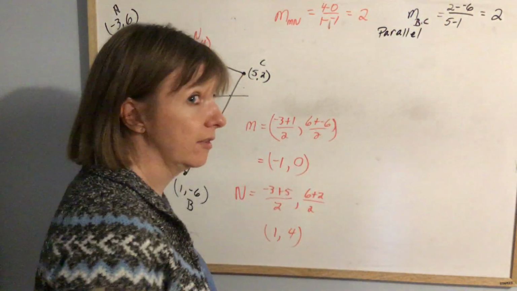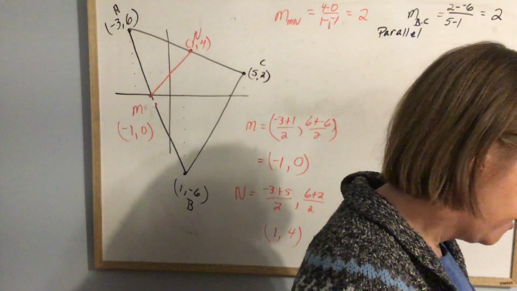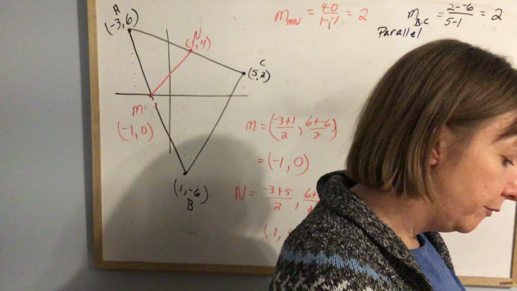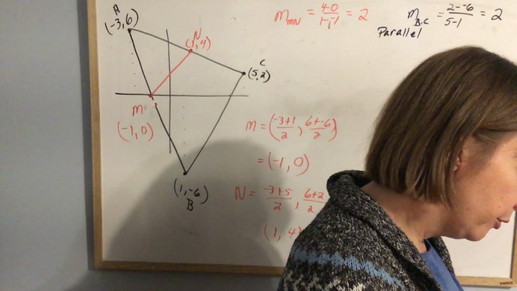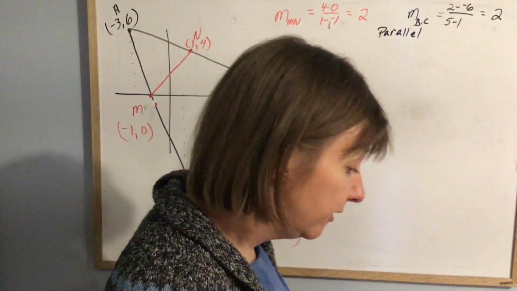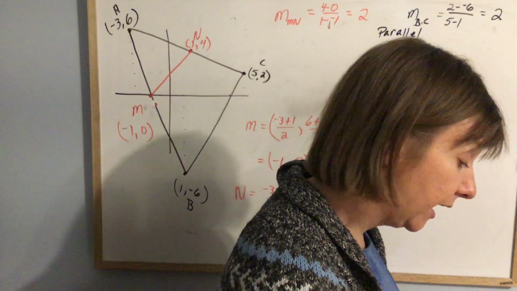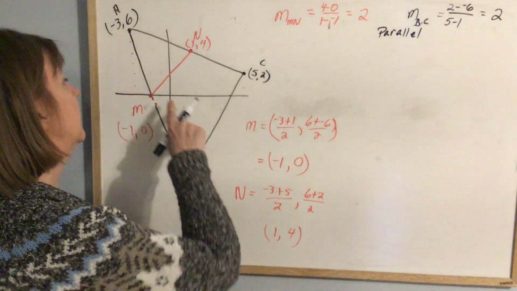But it didn't just ask that. I only read the first half of this sentence. The other half said to verify that the lines are parallel and to show that MN is half the length of BC.